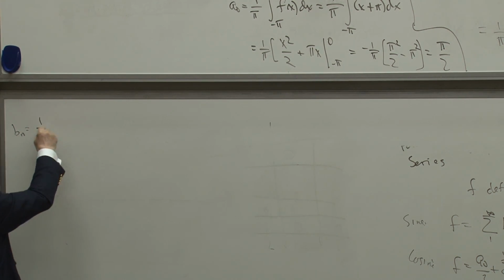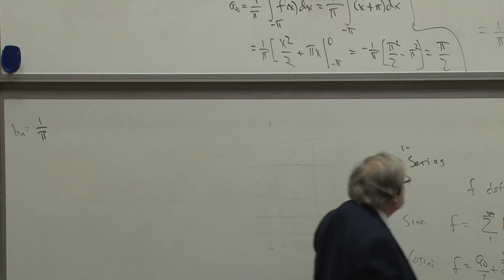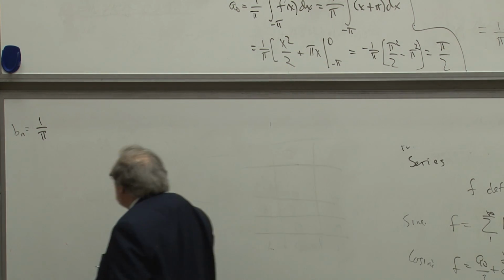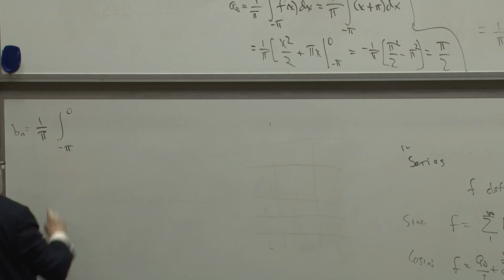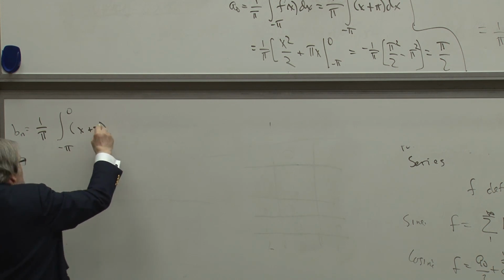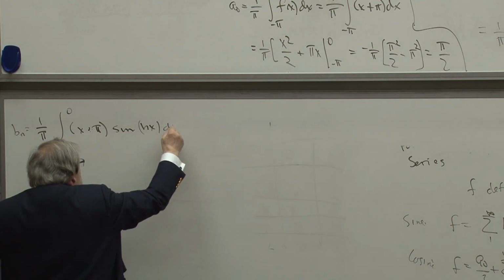Now b sub n, 1 over pi. There's the formula for b sub n, 1 over L, so that's 1 over pi. Again, from negative pi to 0, the function x plus pi sine of nx dx.